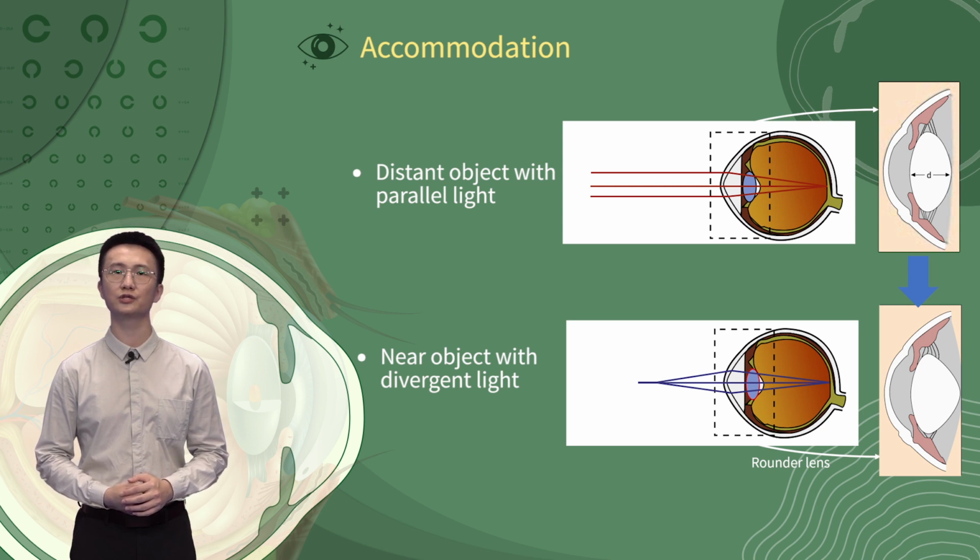So the eye needs some more refractive power to get it in focus. Fortunately, we are born with the ability to increase the refractive power by making the lens rounder. This process is called accommodation, controlled by the third cranial nerve.